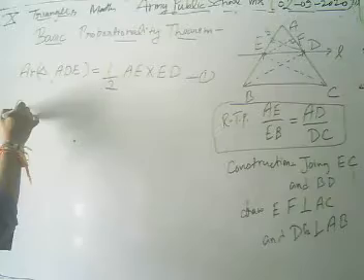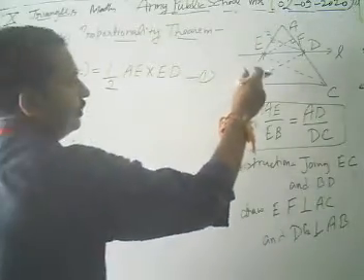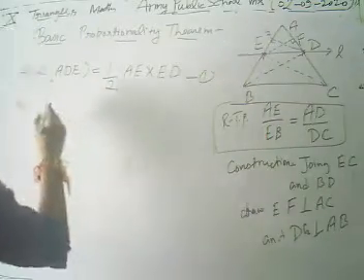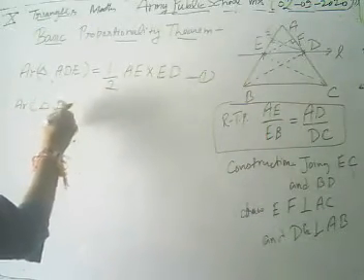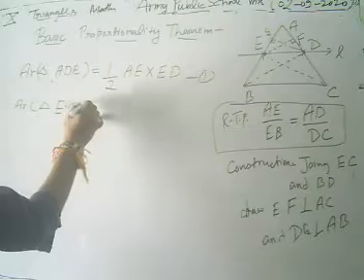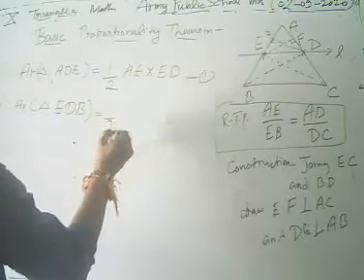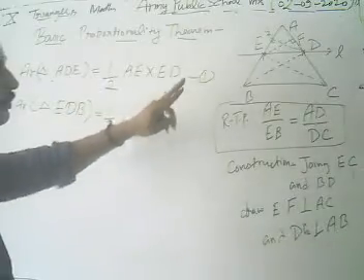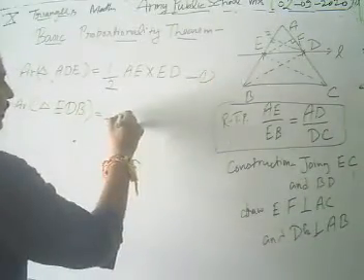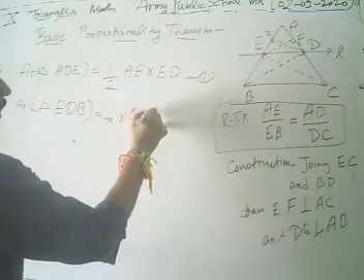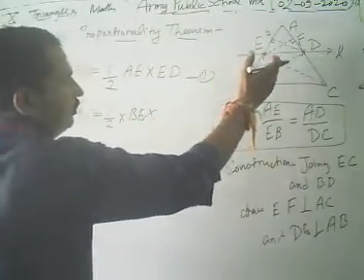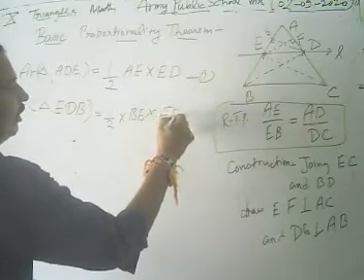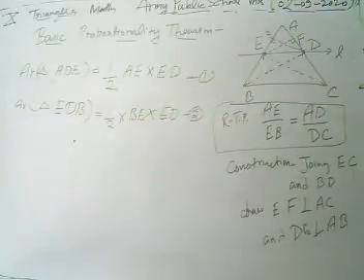Then we find the area of triangle EBD, which has a common height. Again it is half, base BE, and height, extending this side, is ED. This is equation 2.